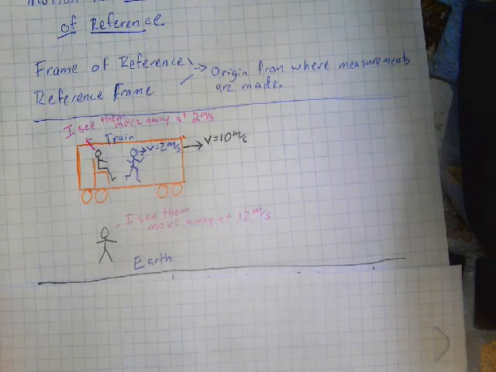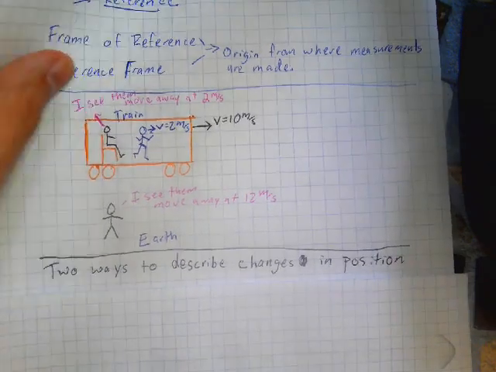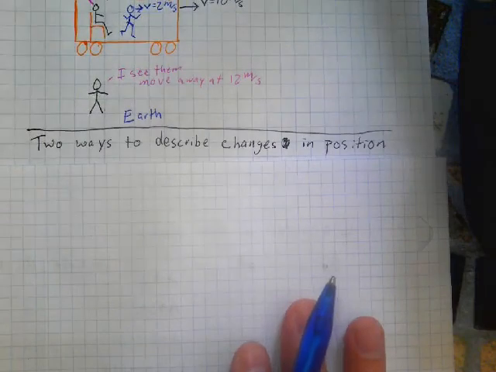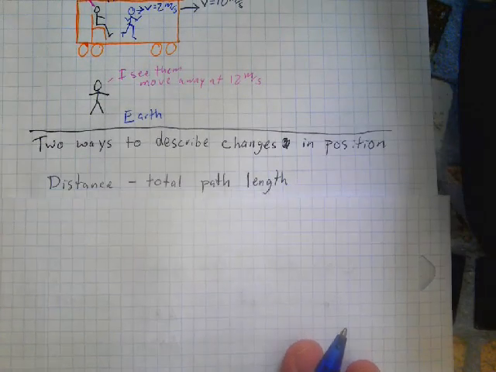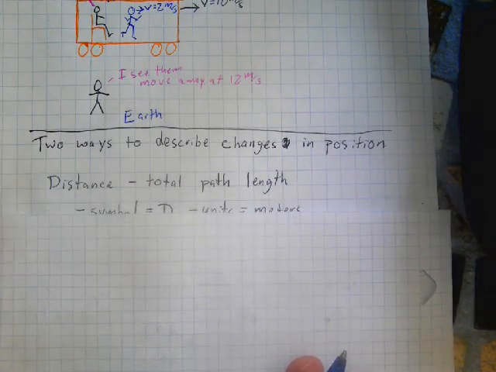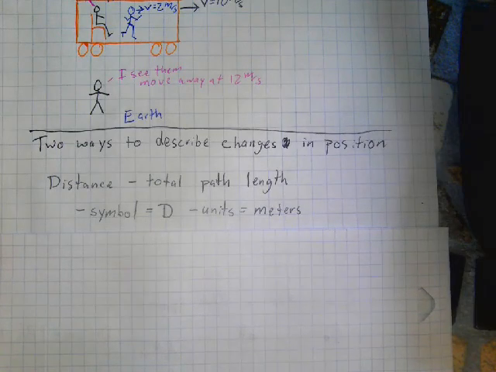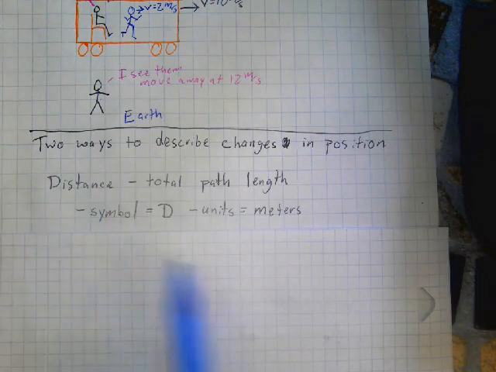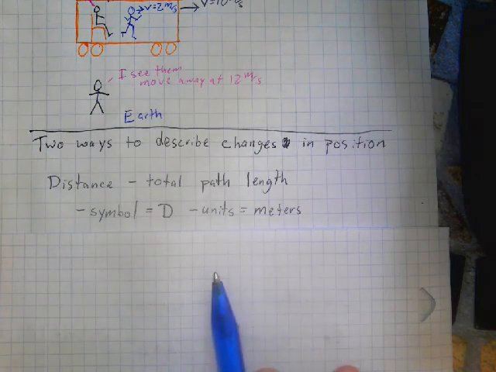So there's two ways that we describe motion, or describe changes of position, in physics. The first one, you should have heard of before. It's called distance. Now, the thing about physics is, we take words that you've used tons of times, and we give them precise meanings.